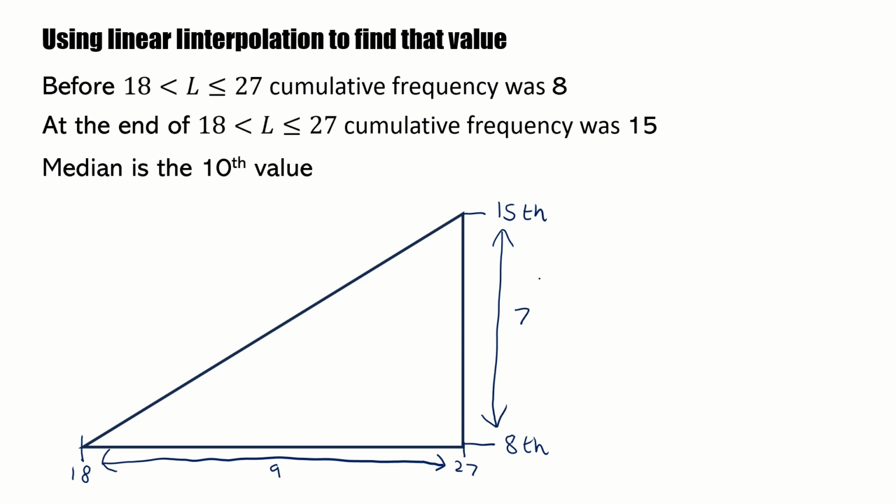Cool. But then we are trying to find where the median, which is the 10th bit of data, is going to be. So we draw a smaller triangle and we say we want the 10th bit of data. When we're saying 10th bit of data, what we're effectively saying is we want the bit of data at which the cumulative frequency reaches 10. So this is a cumulative frequency value.